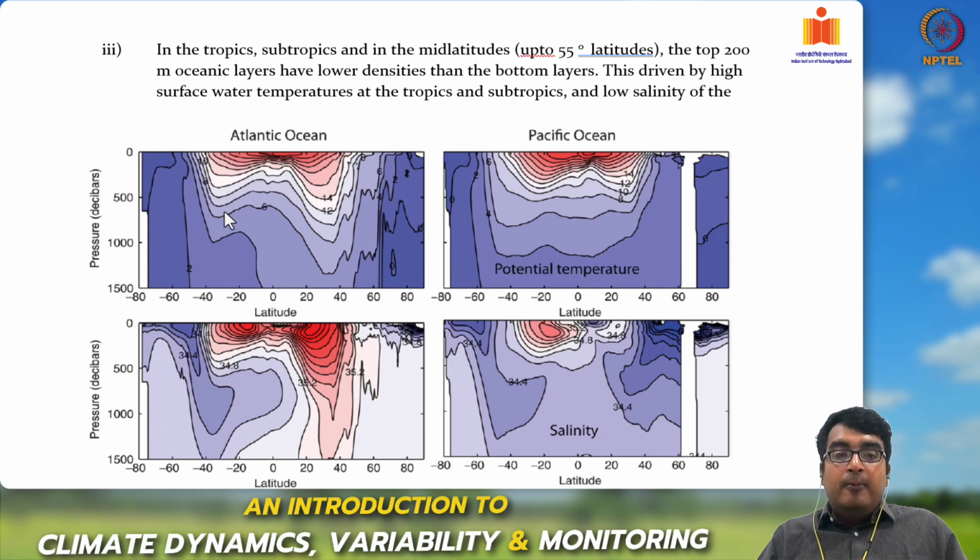However, by around 1000 meters you are seeing the thermocline leveling off over the entire equatorial and subtropical belt, and you are getting around 4 degrees to 6 degrees centigrade by 1000 meters. Okay. Beyond the equatorial region, so beyond say 40 degrees north and 40 degrees south, the surface waters are also significantly cold.